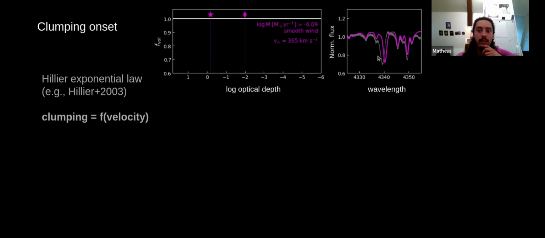So we see that a model without clumping doesn't reproduce the observations in gray well. It looks like just an absorption profile without this characteristic P Cygni profile of a B-hypergiant.